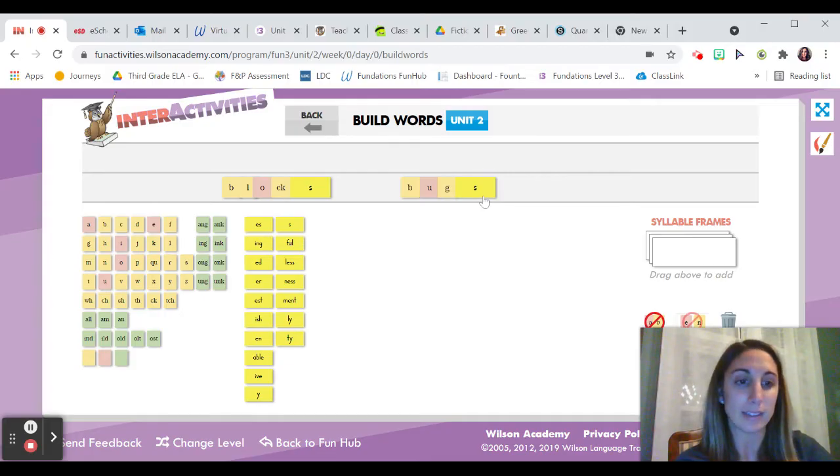We already added the suffix S to make it plural, but when we tap it, b, u, g, bugs, bugs. Do you notice what sound the S makes when it's on the end of bug? Right, it kind of says the Z sound, doesn't it? And for blocks, it sounds like the S sound. Very good.